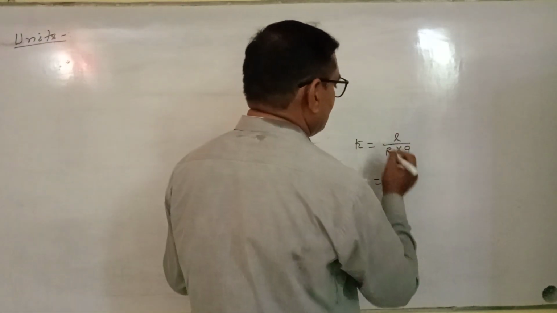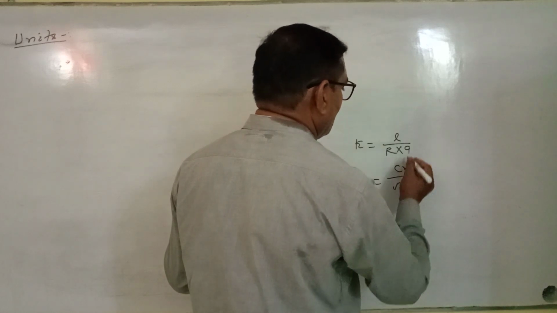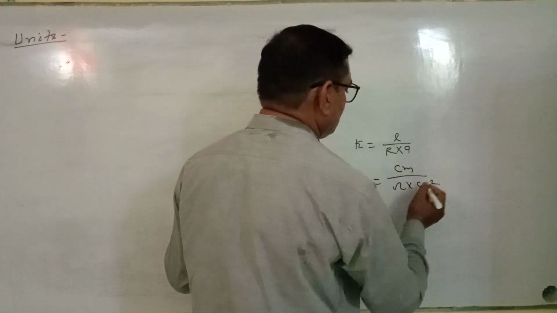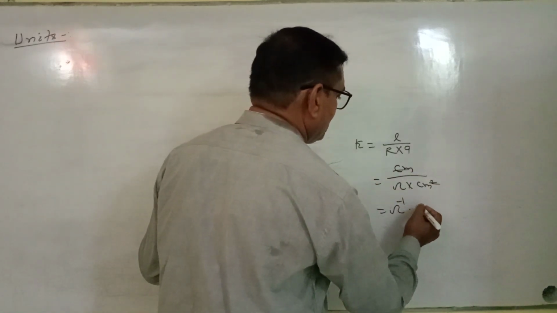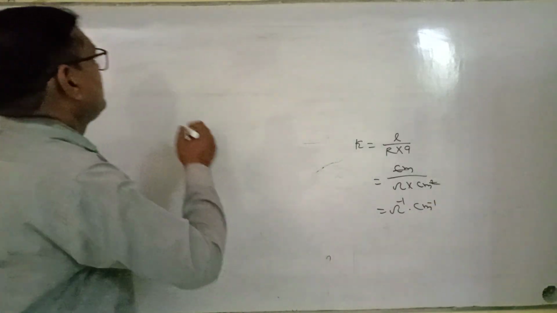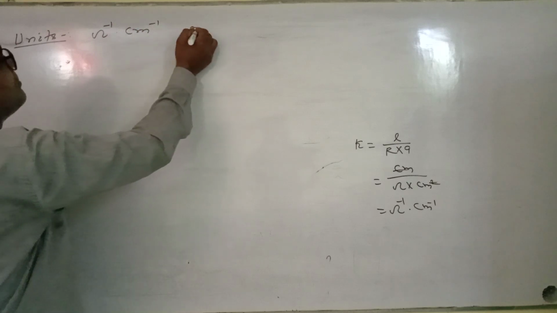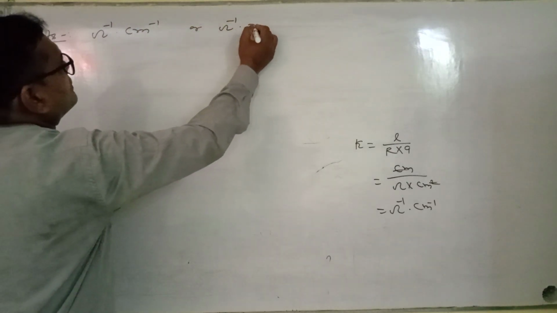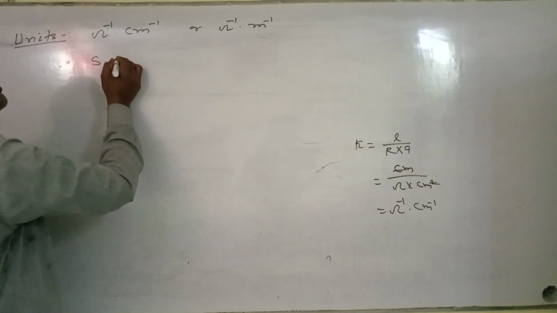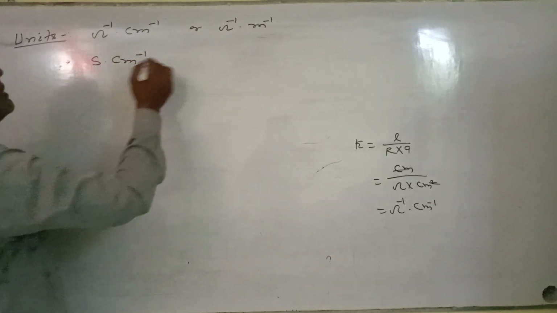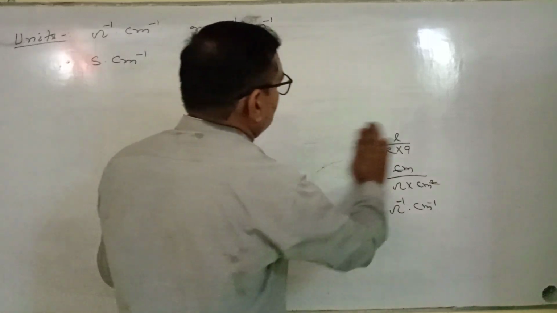The unit of L is cm, the unit of R is ohm and the unit of A is cm square. If we cancel out, it moves upper and is converted into ohm inverse cm inverse, or ohm inverse meter inverse. Ohm inverse is called Siemens. We write Siemens cm inverse or Siemens meter inverse. These are the units of kappa.